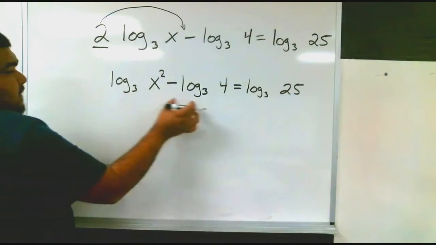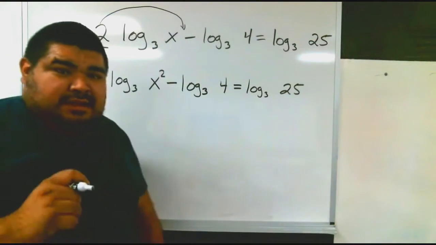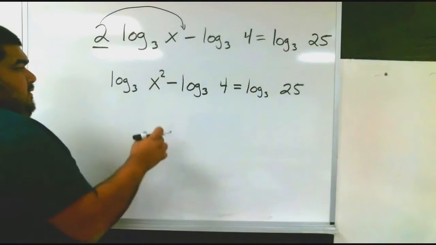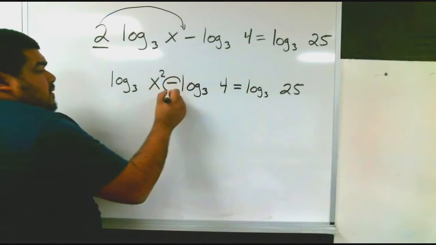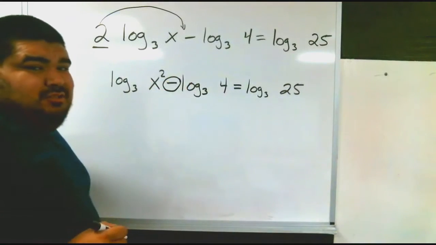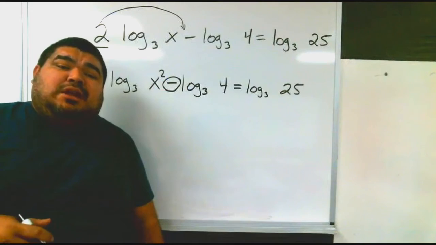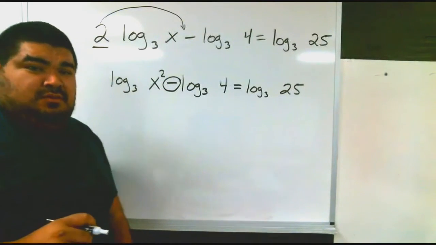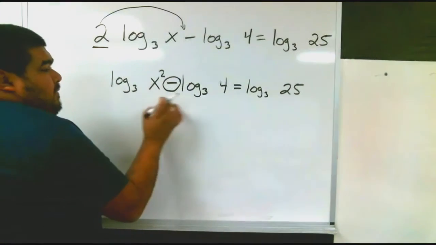Now we have log of 3, log of 3, log of 3. The next step is to look at the number between both logs, between the ones on one side. Notice that we have a subtraction sign. If you remember, the opposite of subtraction when it comes to logs is division. So we're going to write only one log because we're going to combine them.